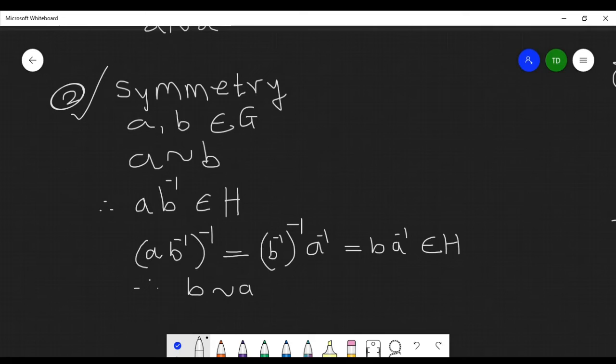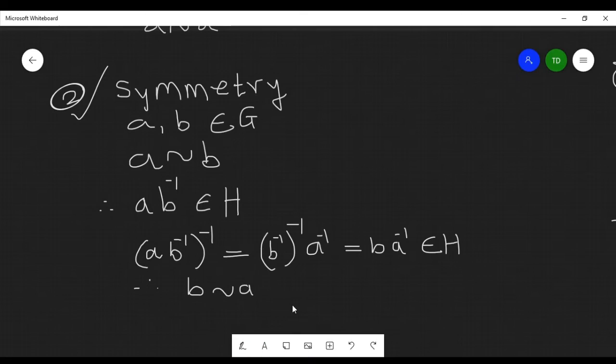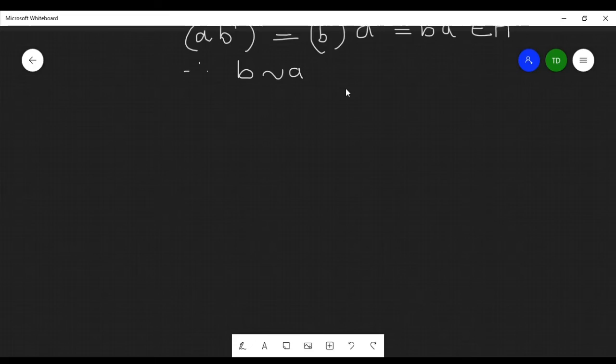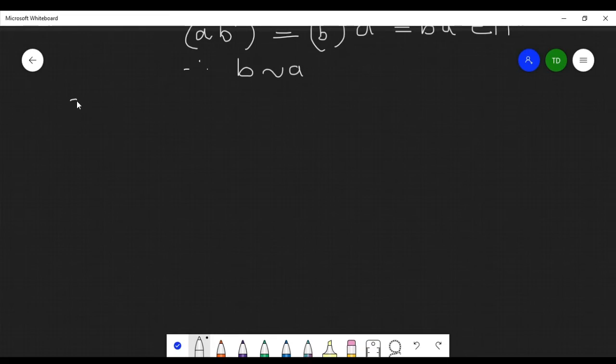It obeys symmetry. Now let us go to the third one, that is transitivity.